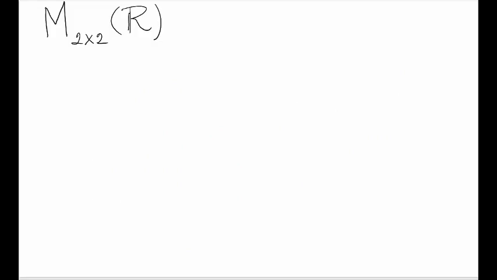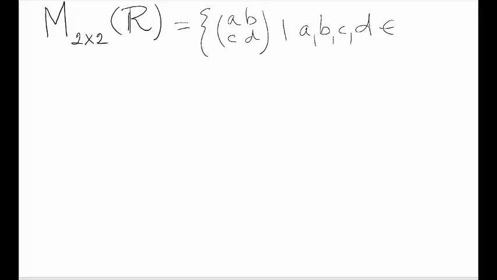I'd like to review with you the meaning of this notation. We read it as the set of all 2 by 2 matrices with real entries. And we could write it this way. The set of all matrices, and I'll just use A, B, C, and D to represent the entries, the real numbers, where or such that A, B, C, and D are in the set of real numbers.